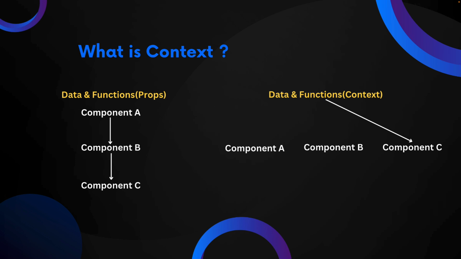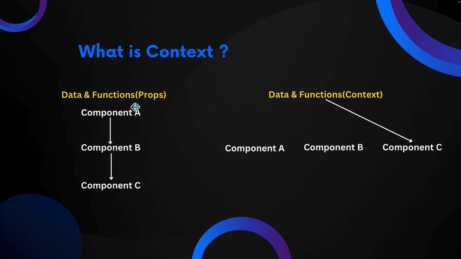Whenever you design applications in React, typically you have a bunch of components. And what we do in a React application is that we have a bunch of data, which might be the state variables, and we also have functions which manipulate those state variables. Now, suppose you have data and functions inside component A, component B is nested inside component A, and component C is nested inside component B. If you want to pass that data and those functions to component C, we make use of props.